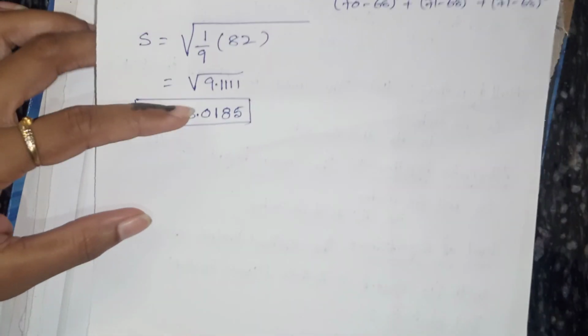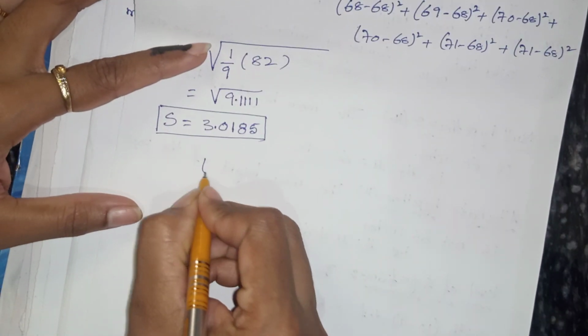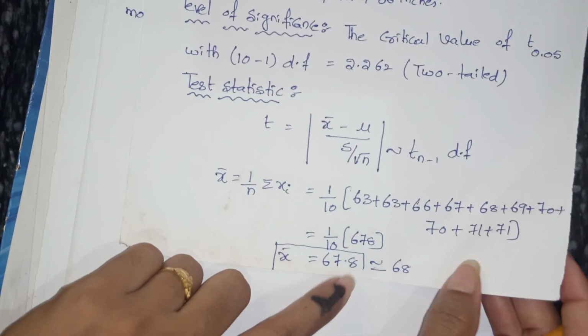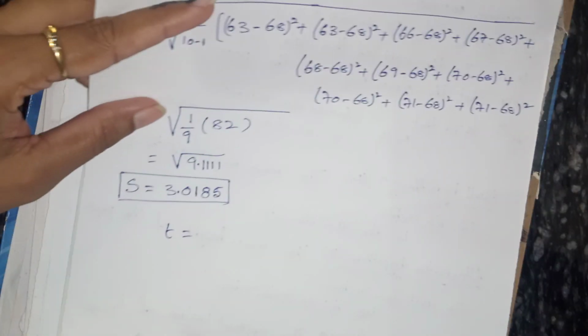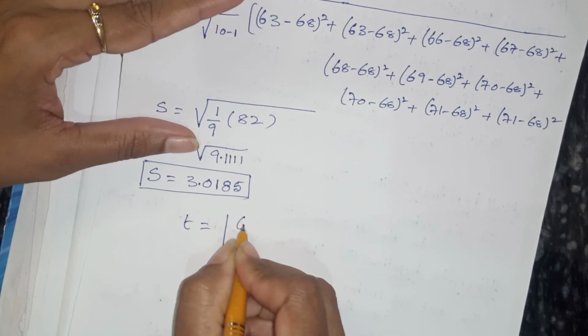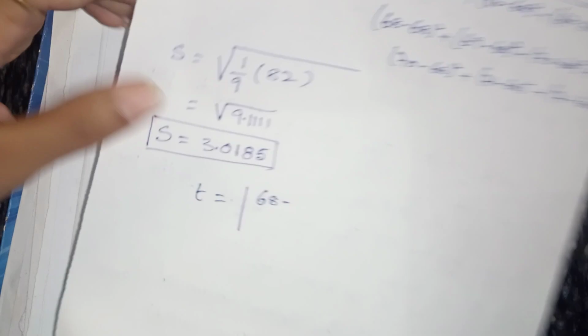So that is nothing but t equals to x bar. So how much did we get for x bar? 68 we will take. Why? Because here we have taken 68, no? So that's why here also we have to take 68 itself. So 68 minus mod of 68 minus mu value, how much did they give? 66.